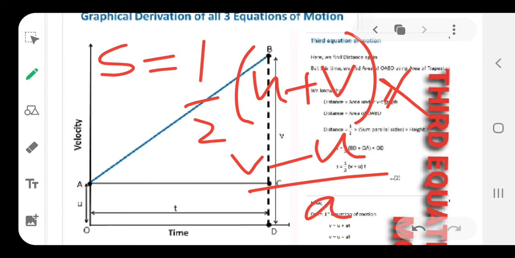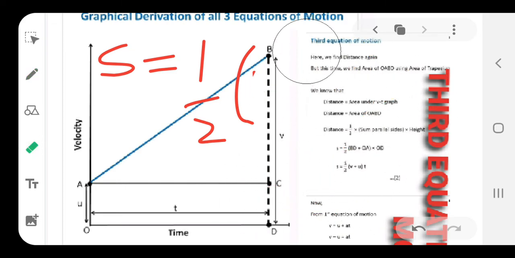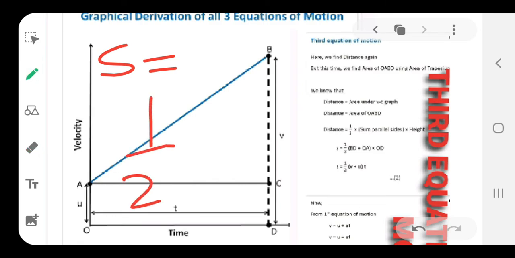Now it is a simple mathematical relation that you can solve. What you do is bring the denominator with 2. So it will become 1 by 2a, and in the bracket what you have is v plus u and v minus u.